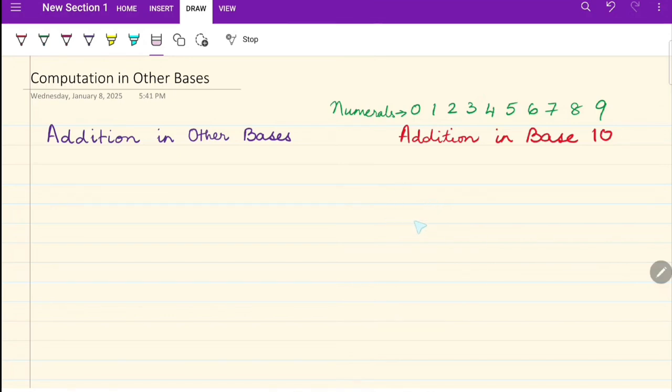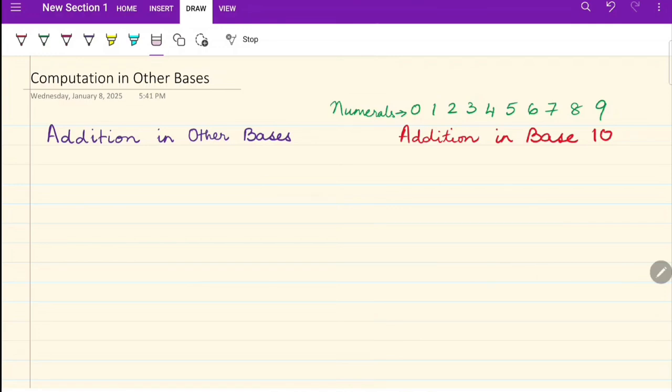And often we do not realize the process or the meaning underlying the process that we are following in base 10 addition. So I'm going to just review that because that same process, the same idea, is going to be used when adding values in other bases.